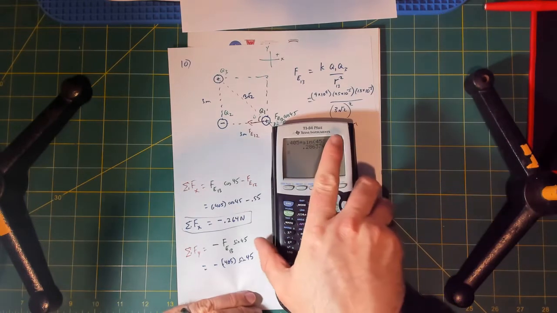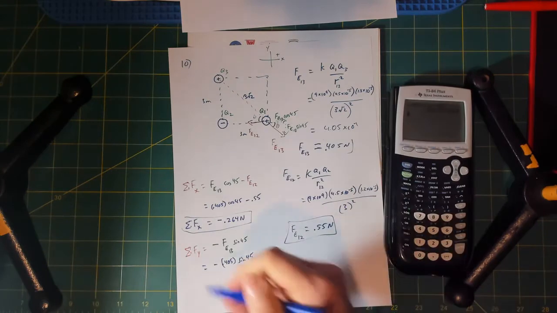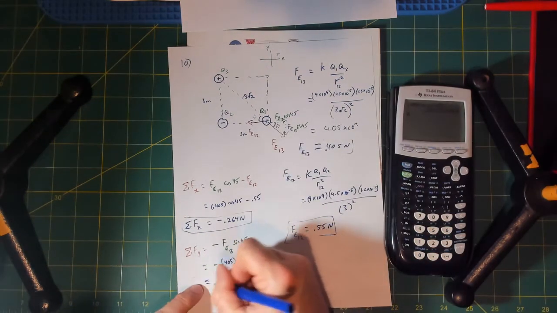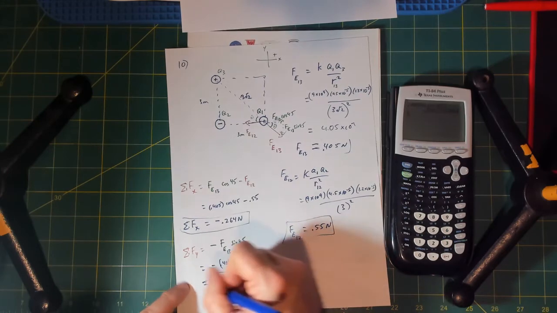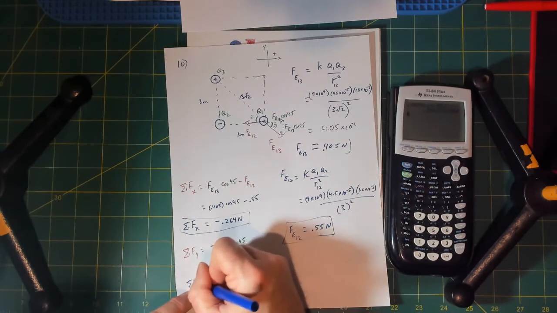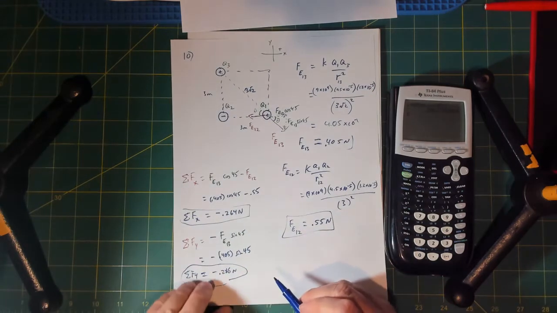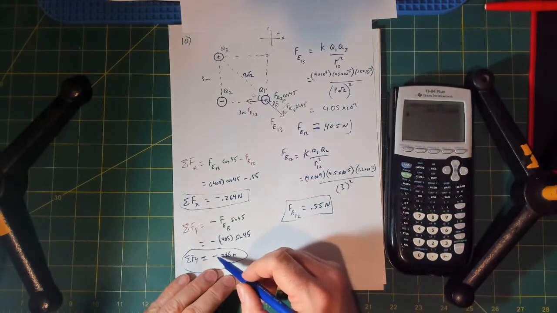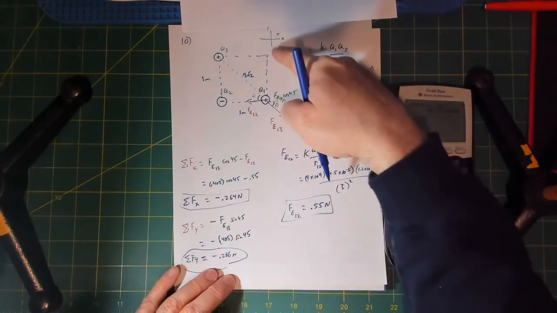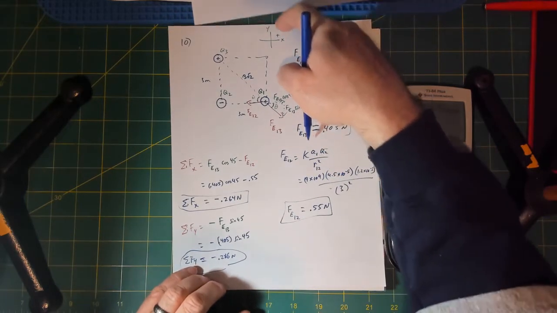And if I do that, I'm going to get negative 0.286. So you notice this comes out to be negative. That's because it's tugging down in what we call the negative direction here on our coordinate axes, right?